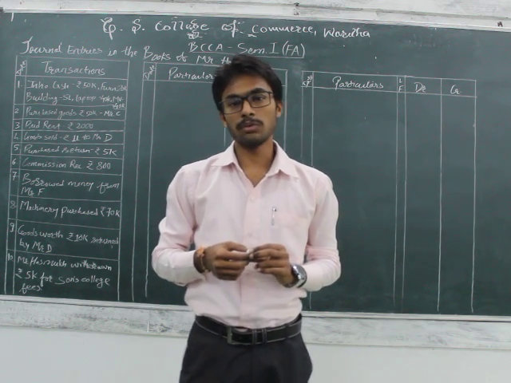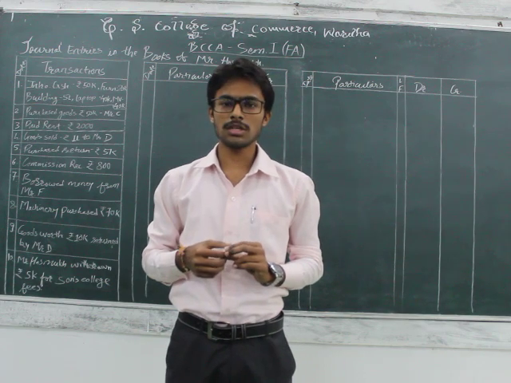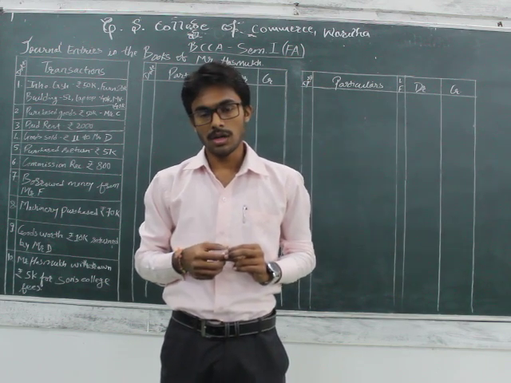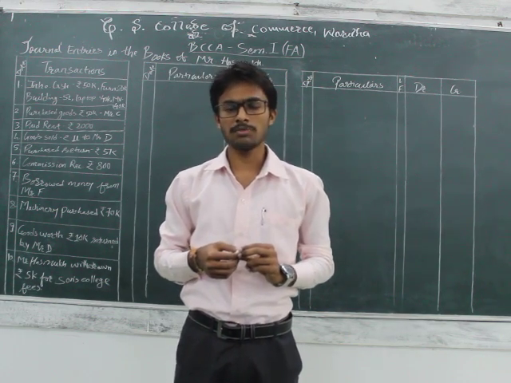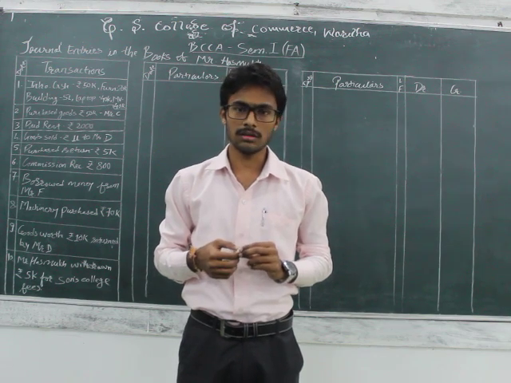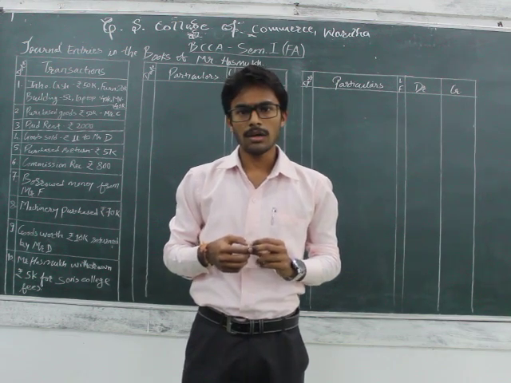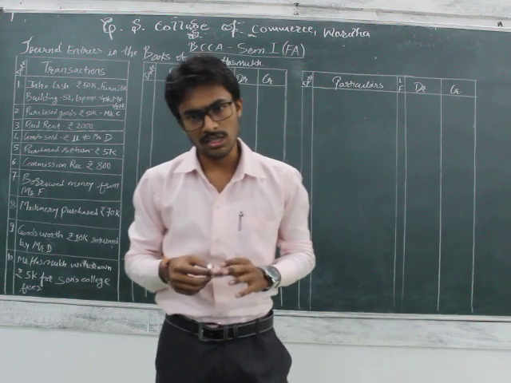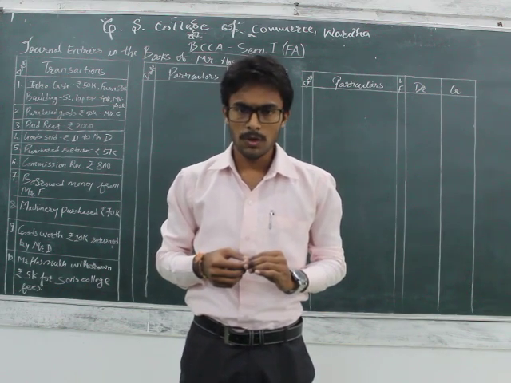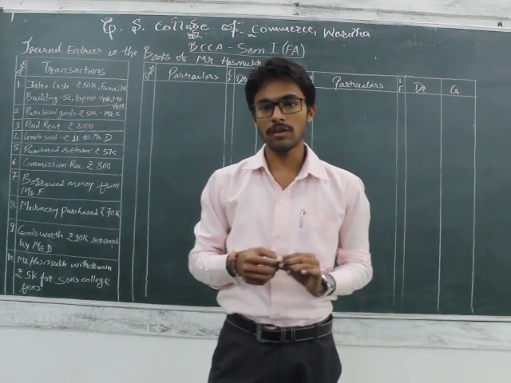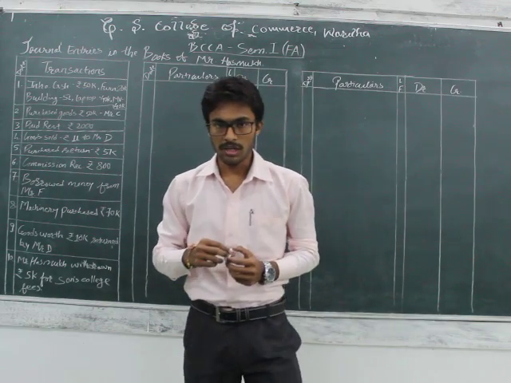There is one business and the business owner's name is Mr. Hasmukh. Mr. Hasmukh has made various transactions in his business, and today we will make journal entries for his transactions. So what are the transactions? Let's have a look at our green board.